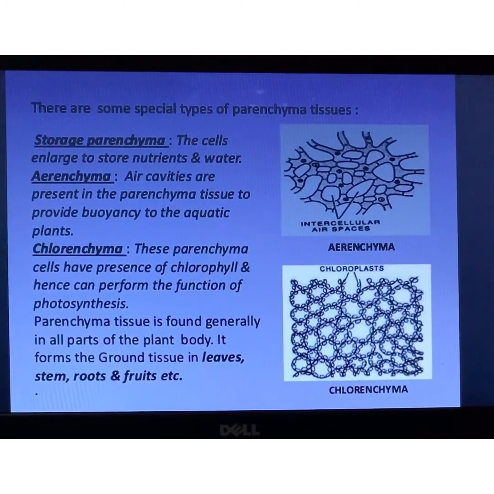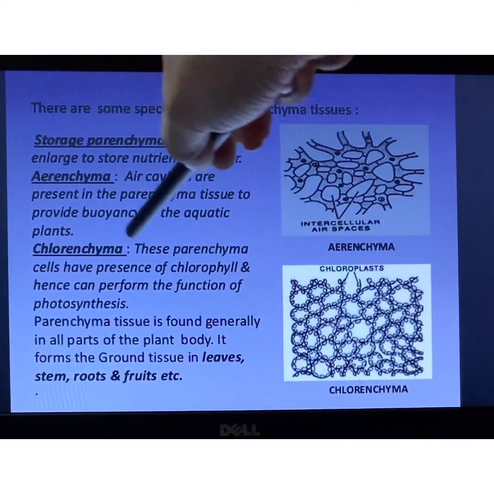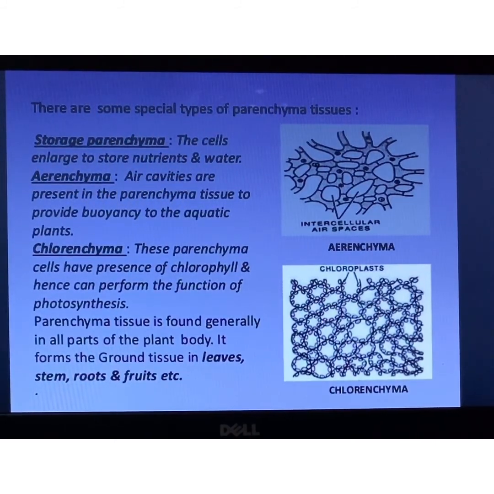All right, now aerenchyma, again the word air will help you. It maintains the buoyancy of the plants, aquatic plants, right? Chlorenchyma. These parenchyma cells have presence of chlorophyll and hence can perform the function of photosynthesis.